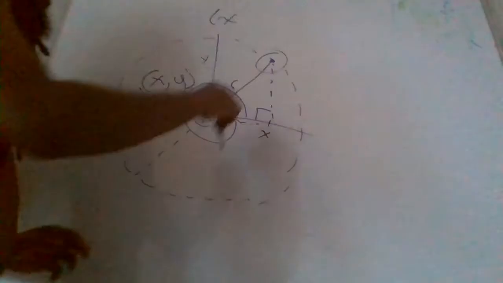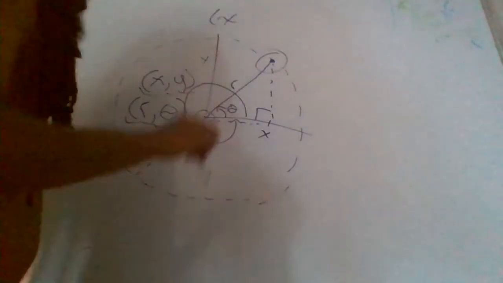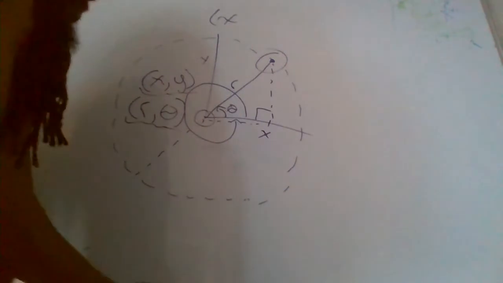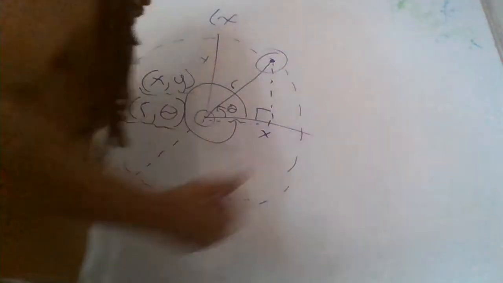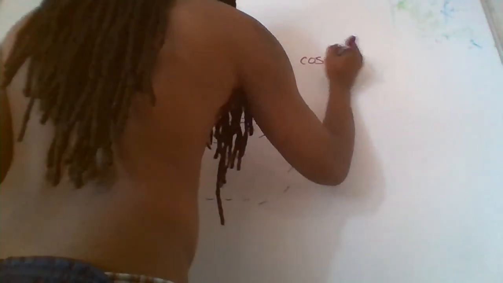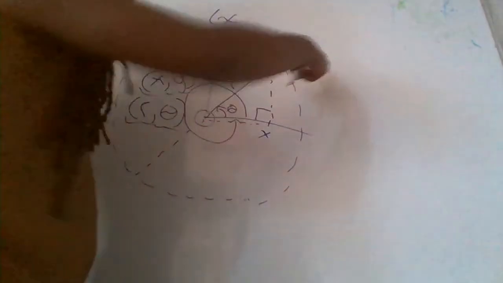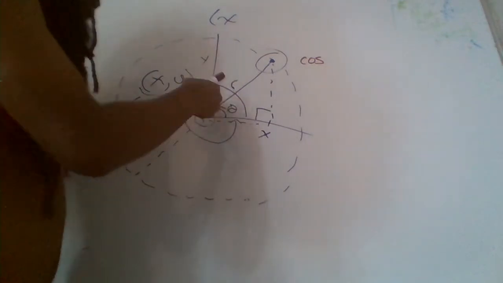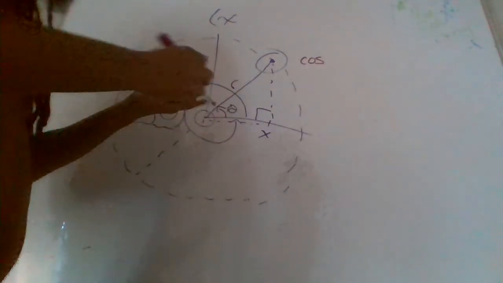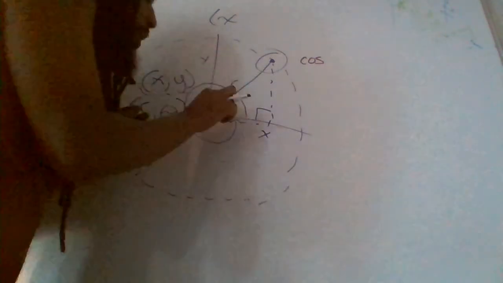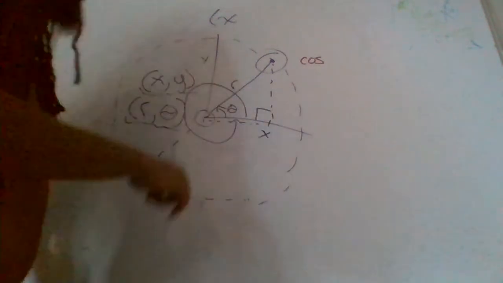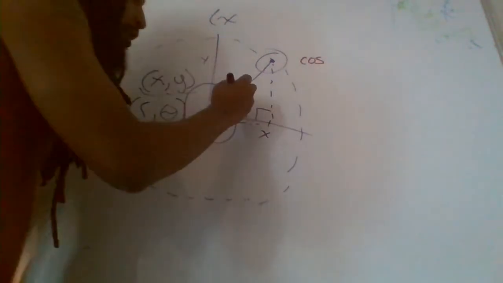Now we can measure this triangle based on ratios, right? And we're going to give these ratios special names like cosine, for instance. We'll call it the cosine of this angle, because we're going to describe this triangle based on the angle, angle theta.